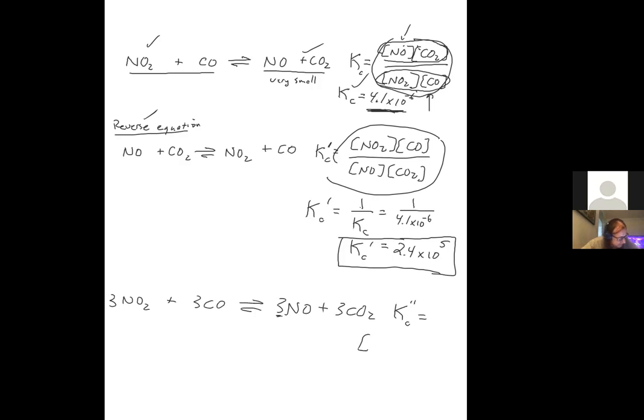Now all the coefficients are 3. So our exponents become 3. Isn't that cool? The exponents have become 3, so really, this is the same thing as our original Kc, cubed.